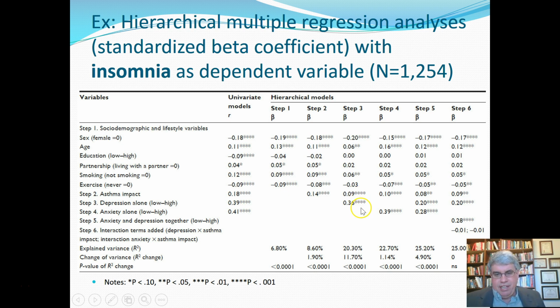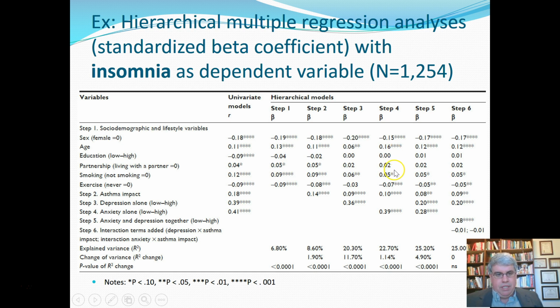And this model predicts 20% of the variation. That went up over 11% compared to the previous model, so it's very significant. So this step 3 was just depression.